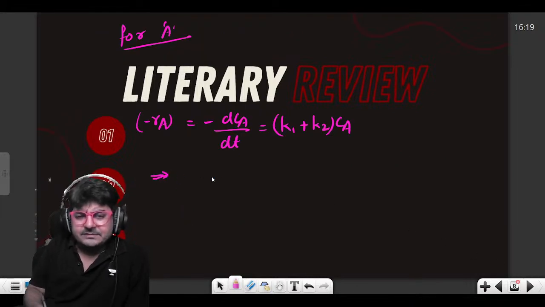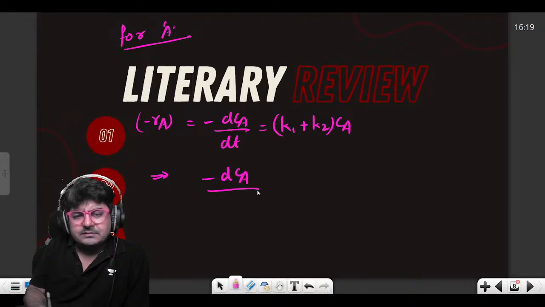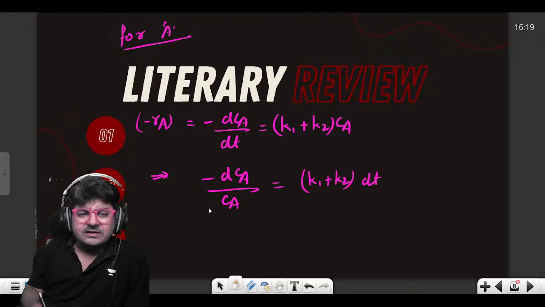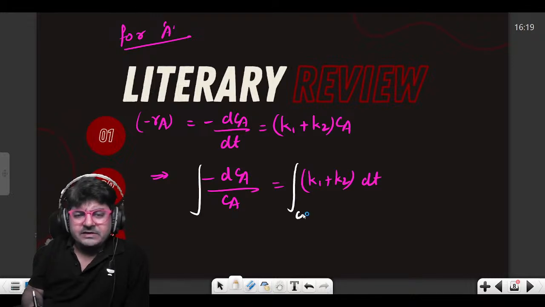Here you can solve this. You know the limits. If you apply the variable separable method, you can write the things like this. Now you take the limits: at reaction time 0, the concentration of A in the reaction mixture is CA naught, and at any time T it is CA.